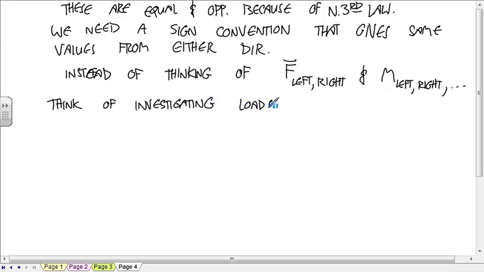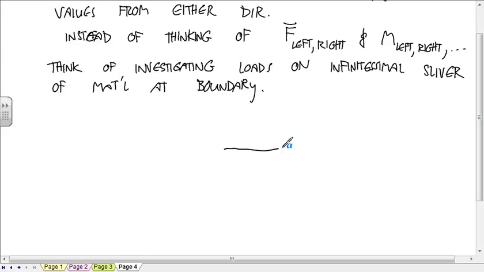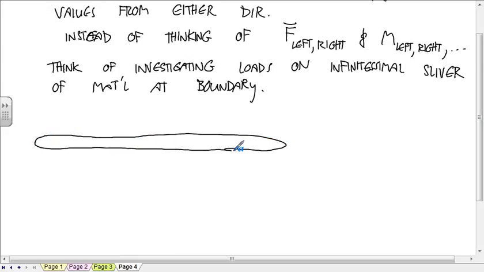So investigating the loads on an infinitesimal sliver of material at the boundary. If this is the whole thing, we have 500 acting down there, 500 down there, 1,000 up there.